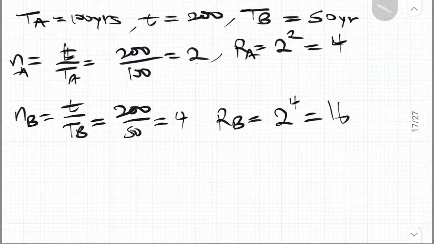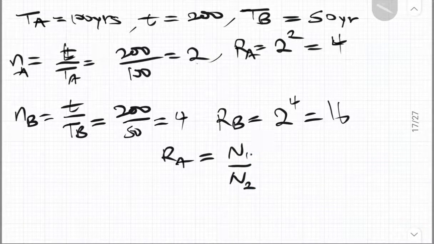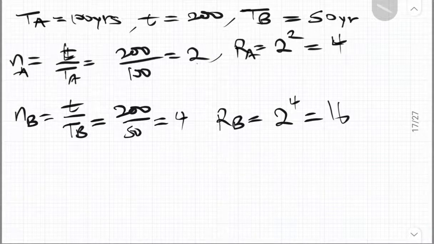Now let's see. Of course, we know that R_A will be N initial over N final, which is N2, for A. So that of B will also be N initial of B over N final of B. So let's look at the ratio of R_A to R_B first, to see if that will enable us to simplify the problem.